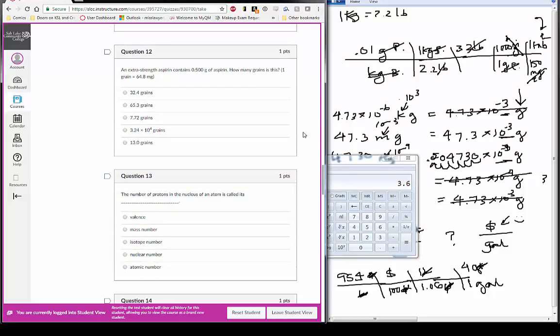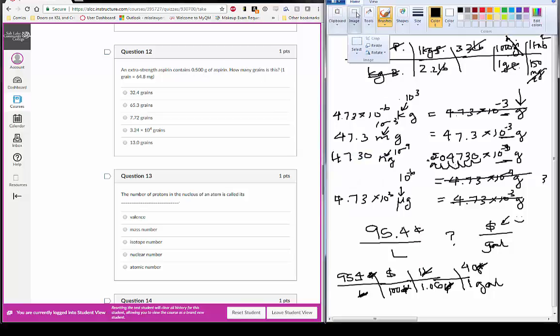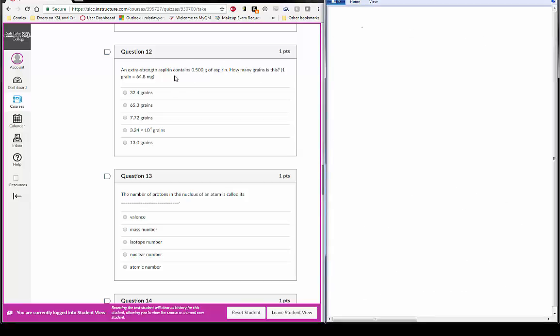Now I've got a conversion between grams and grains. Grains being a somewhat archaic measuring unit. But if we start with 0.500 grams, and I tell you how many milligrams is in a grain, that tells you you're going to have to go from grams to milligrams. So 1 gram is 1,000 milligrams.